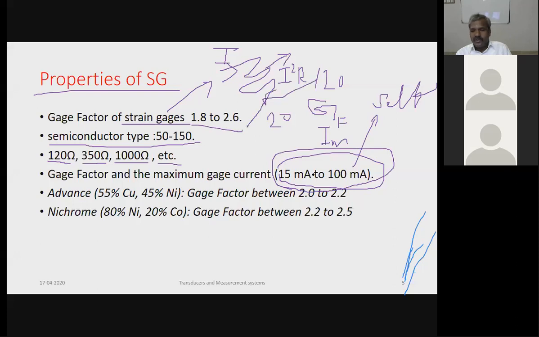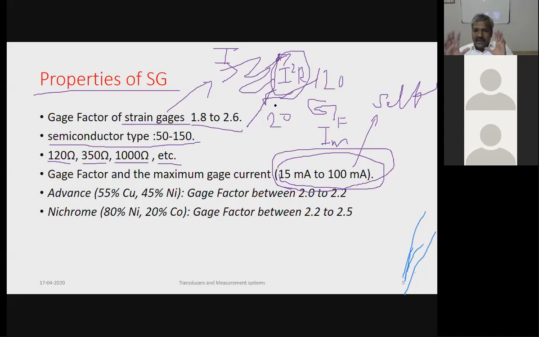If we pass more than 100 milliampere, suppose 150 milliampere, through this, that current generates some heat. What happens if the heat increases? Because of this I square R heat, the resistance also increases.